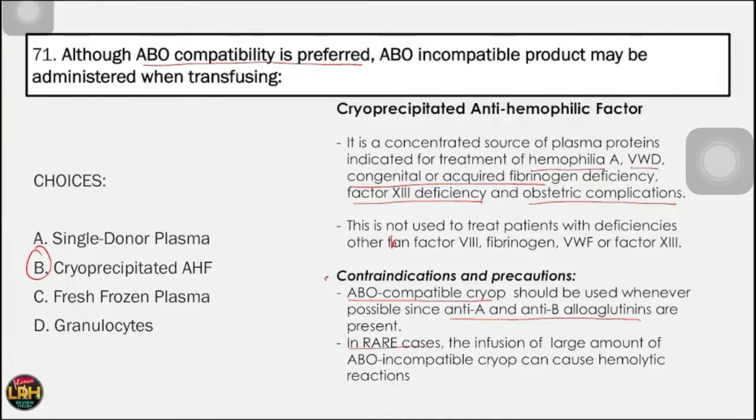In rare cases, the infusion of a large amount of ABO incompatible cryoprecipitate may cause a hemolytic reaction. So in this case, we can give ABO incompatible blood product for cryoprecipitate AHF. Letter B.